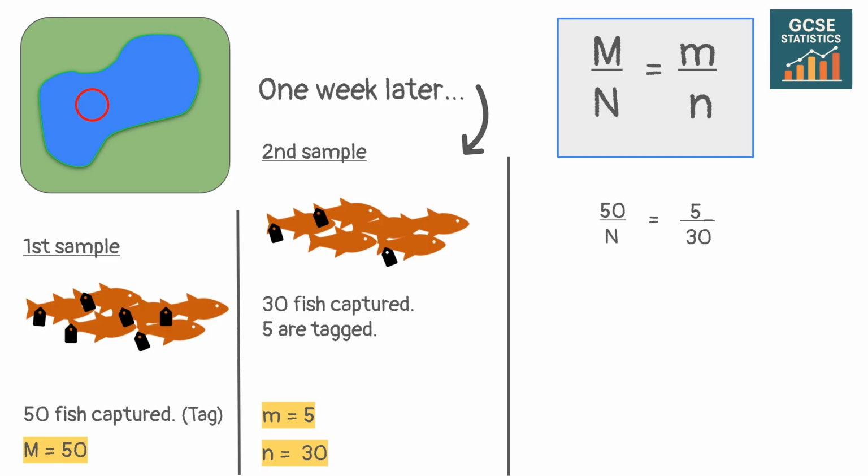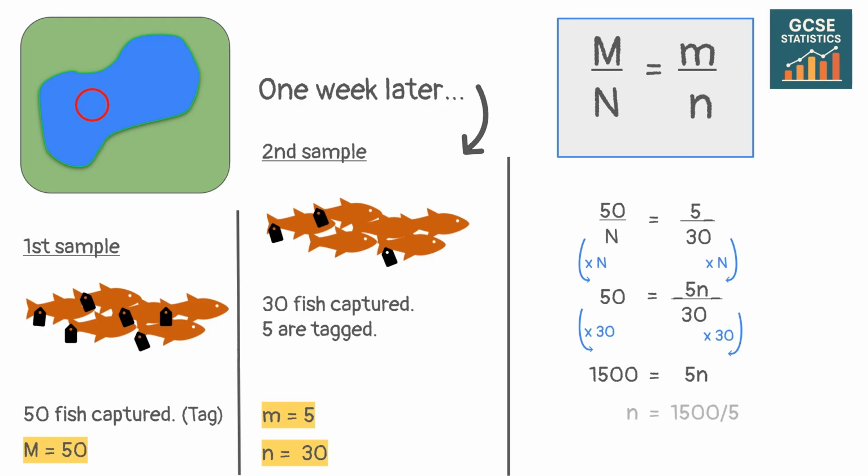To get one side in terms of N, we'll multiply both sides by N. This leaves us with 5, which equals 5N over 30. Remove the denominator of 30, and remember, since the denominator divides, we need to multiply. This means that 5N is equal to 1,500, and in order to isolate N on its own, you can divide by 5 to get a final answer of 300.